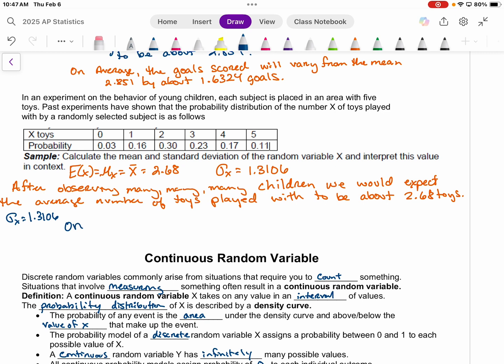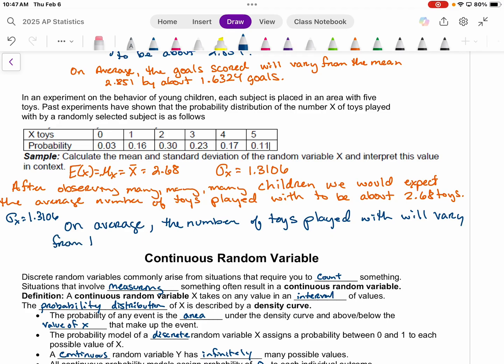On average, the number of toys played with will vary from the mean of 2.68 by about 1.3106 toys.